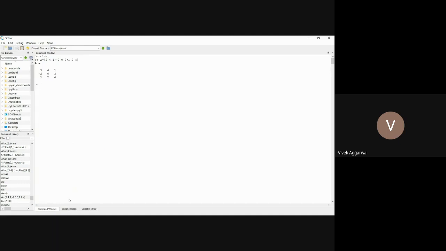Now I want to find the inverse of this matrix using the Gauss-Jordan form. So in the Gauss-Jordan form, we know that we find the inverse of the given matrix. This one I can do very easily. First I will write the matrix which has the matrix A and the identity matrix.